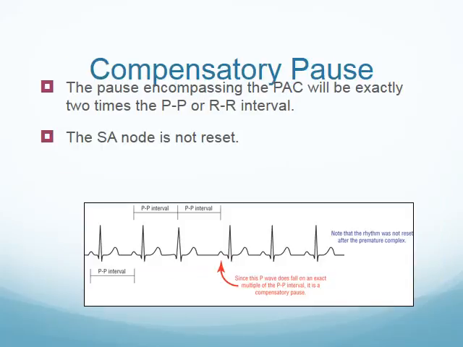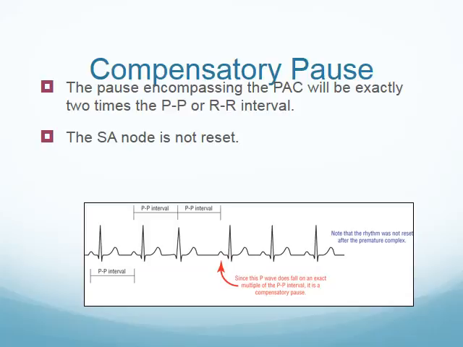In a compensatory pause, the pause is going to be exactly 2 times the P to P or R to R interval. This happens because when the PAC happens, the SA node is not reset. So basically, we lose 1 beat because of the PAC, but the timetable isn't reset. So the P waves will continue to march out.